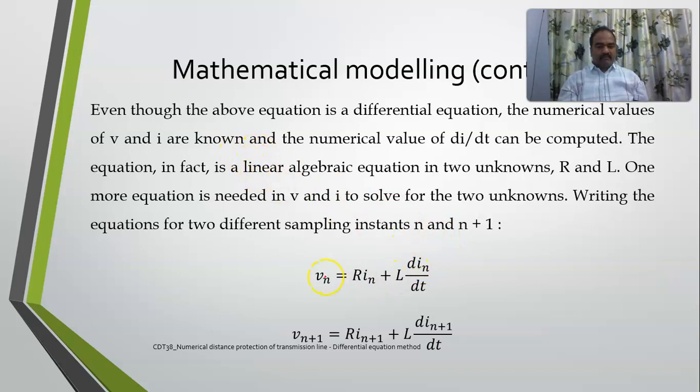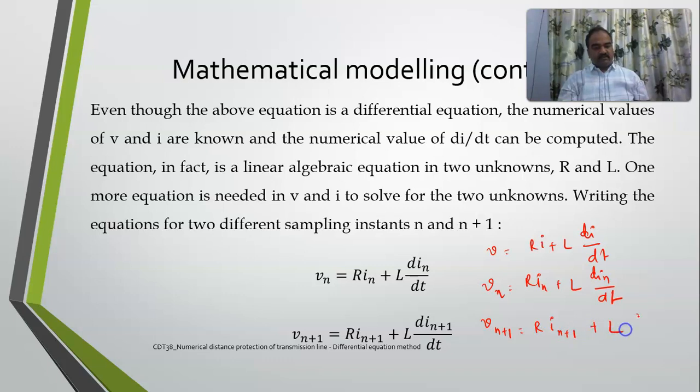Now, I do have this particular equation, right? I'll write it here. V is equal to R I plus L di by dt. If I take two different samples, this equation must hold good for any number of samples. So I'll take the nth sample. If I take the n plus 1th sample also, the relation must hold good. So this is what I have written here, for the nth sample and also for the n plus 1th sample.